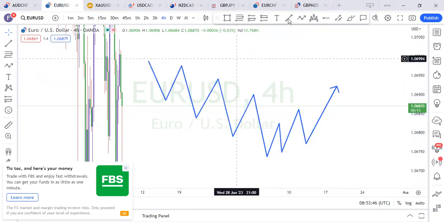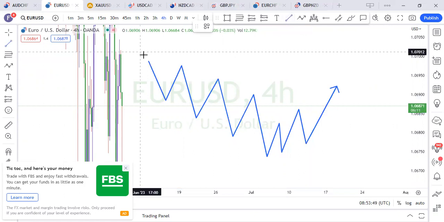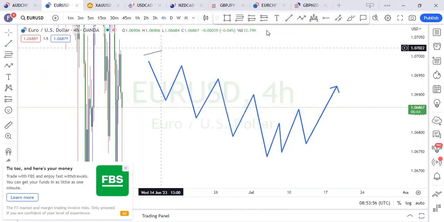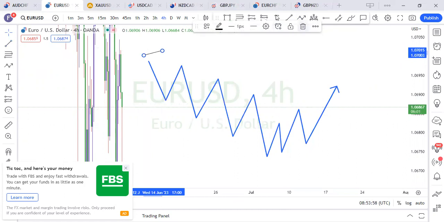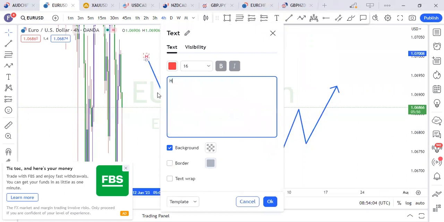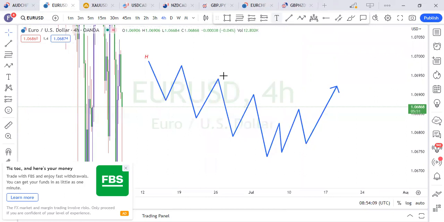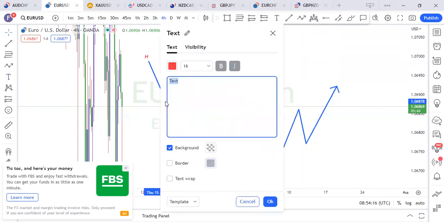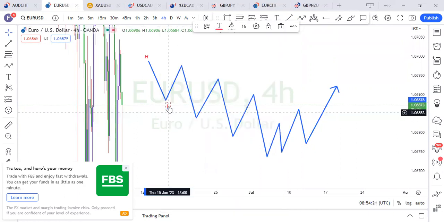So here is our high, and then where's our low? This is our low. That one is our lower low now, not a low.